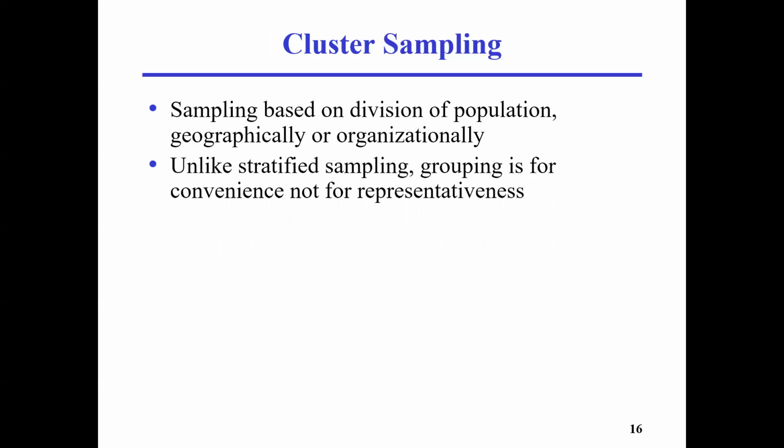So the next sampling method is called the cluster sampling method. Sampling based on division of the population geographically or organizationally. Unlike stratified sampling, grouping is for convenience, not for representativeness.